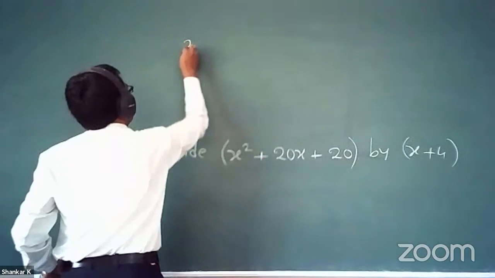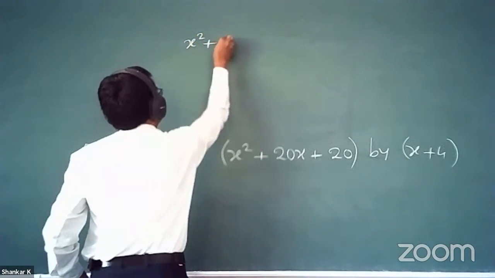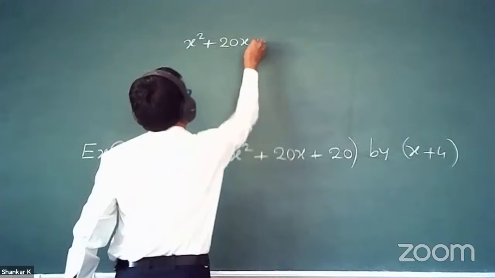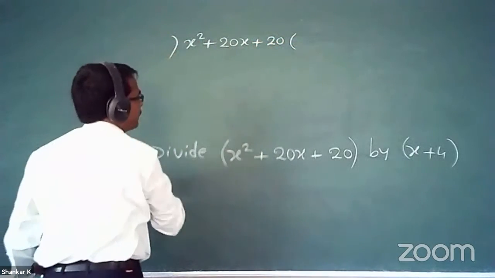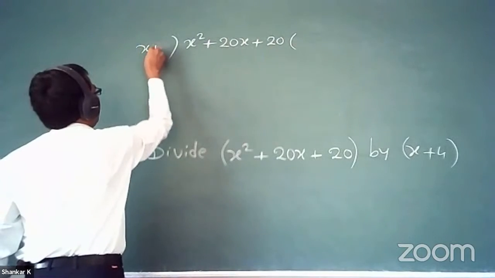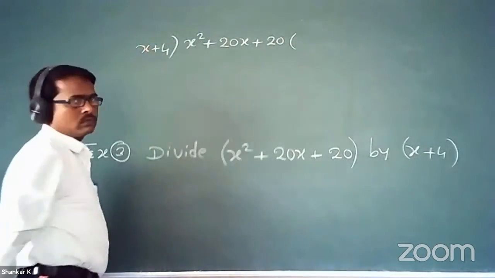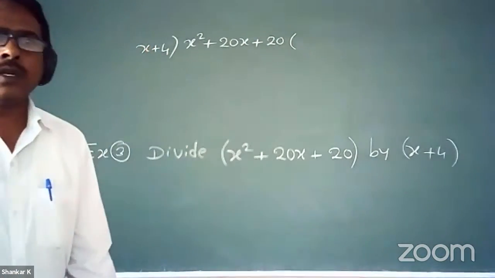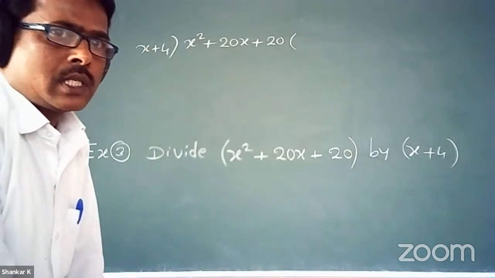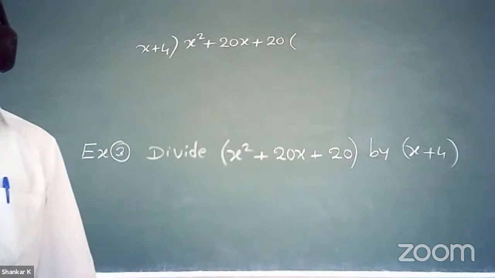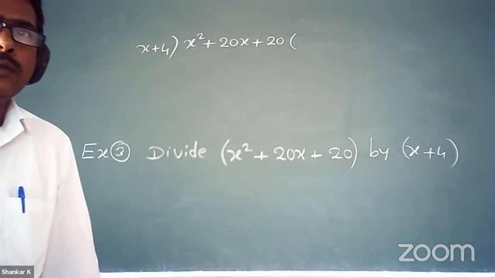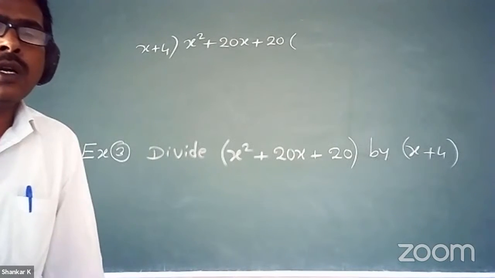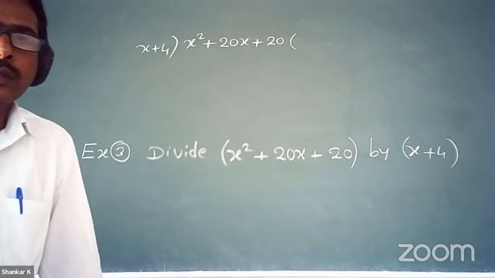Right? x square plus 20x plus 20, divide this by x plus 4. Raise your hand if you have got the answer. Sir, I have not understood, sir. 17x plus 5. Why have you not understood?